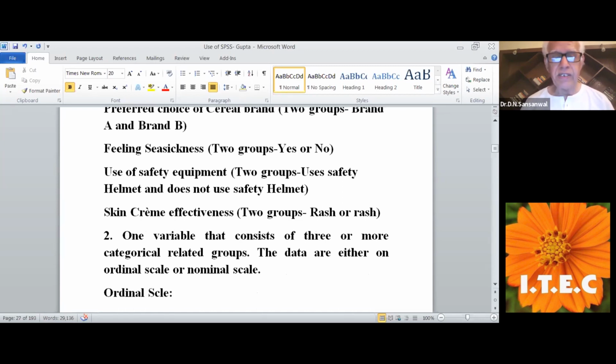For example, Likert scale. You may have strongly agree, undecided, disagree, and strongly disagree. It may be 5 point, it may be 7 point, it does not matter. You can have as much as you like.